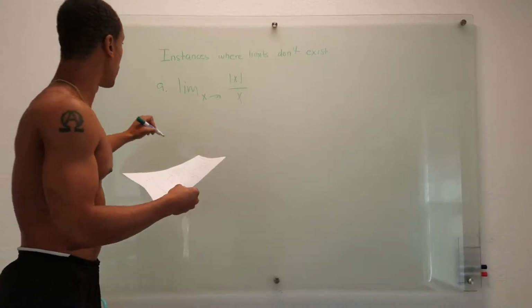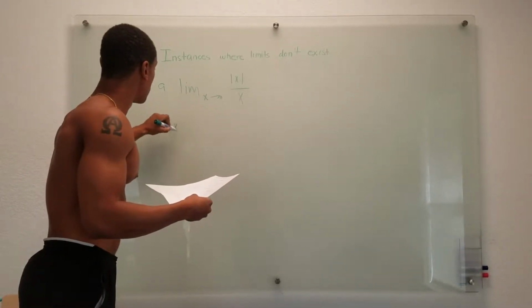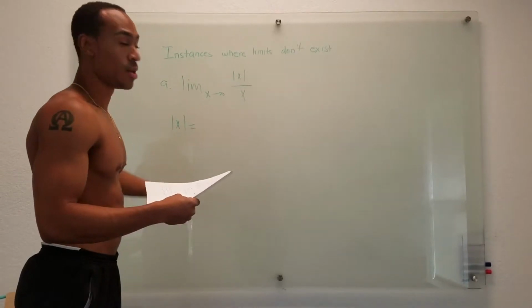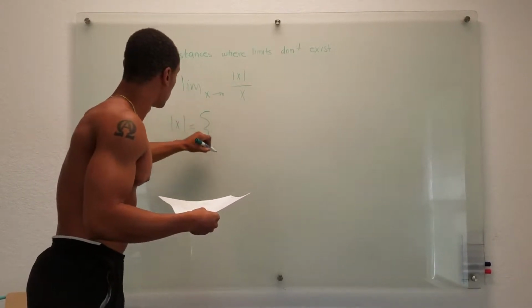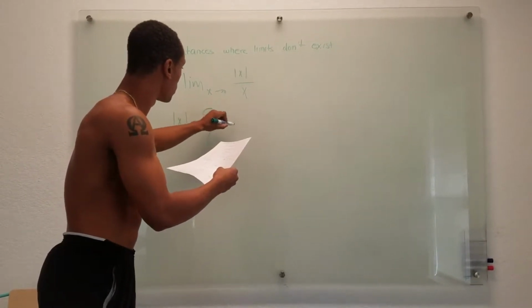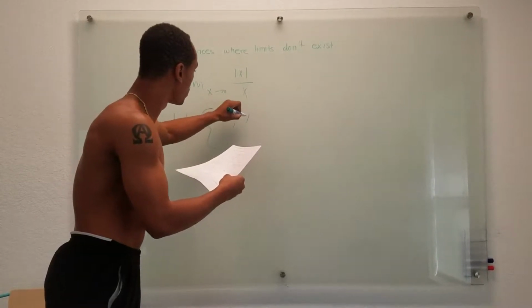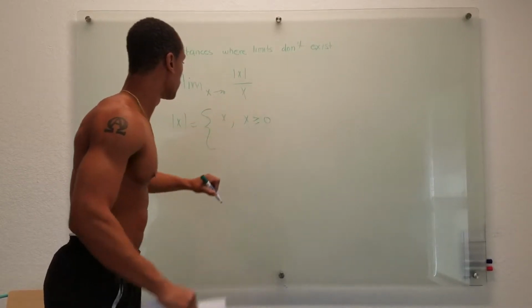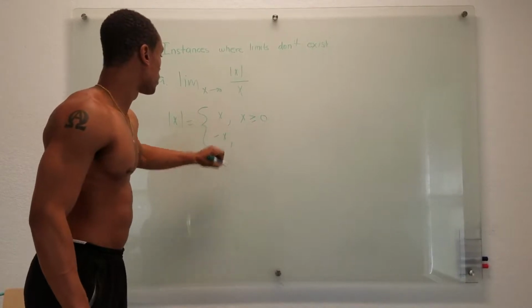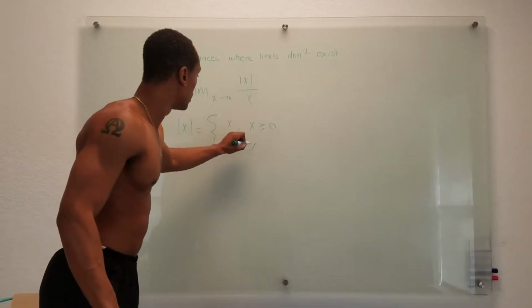Let's consider that the absolute value of x equals positive x when x is greater than or equal to 0, and negative x when x is less than 0.